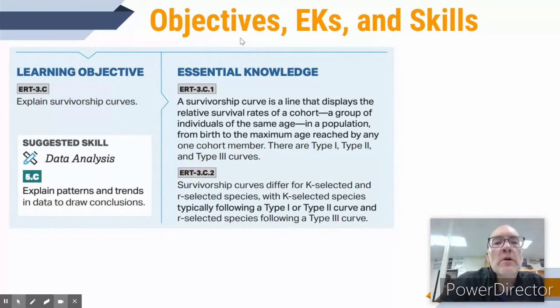And a survivorship curve is a line that represents the relative survival rates of a cohort, a group of individuals of the same age in a population from birth to the maximum age reached. We're going to distinguish between 3 types, and they are, of course, different in K-selected and R-selected species, which we talked about earlier.